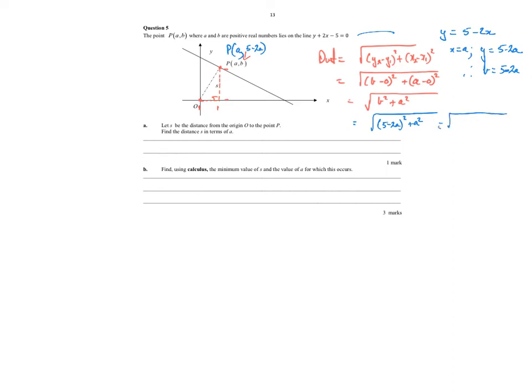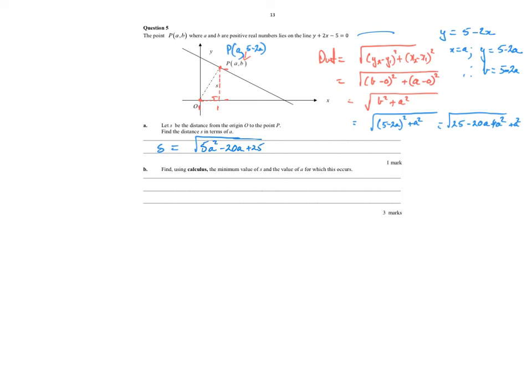That's equal to the square root of 25 minus 20a plus a squared plus another a squared, that's 4a squared, nearly a bad mistake, wasn't it? So the distance S is equal to the square root of 5a squared minus 20a plus 25. I could take a square root of 5 out the front, but I might just leave it like that.